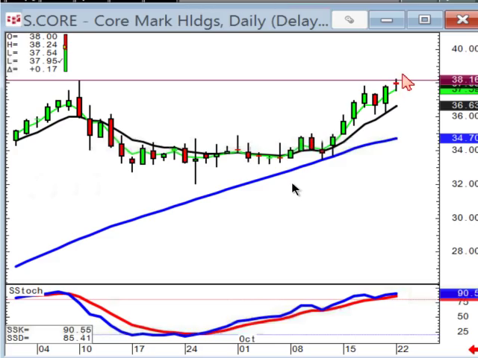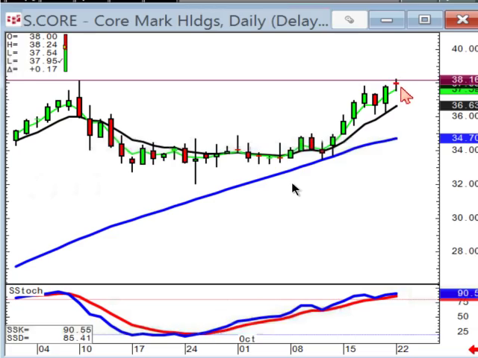I'd be a buyer on strength tomorrow. Remember the doji rule. It's going to move in the direction of how they open it.